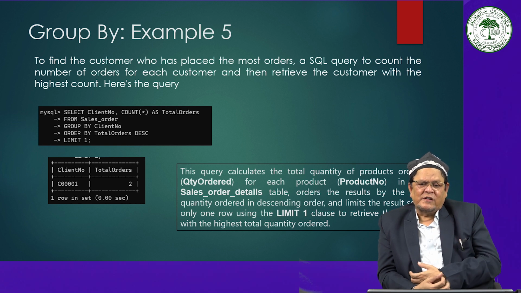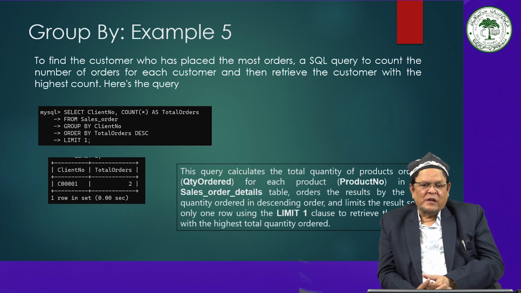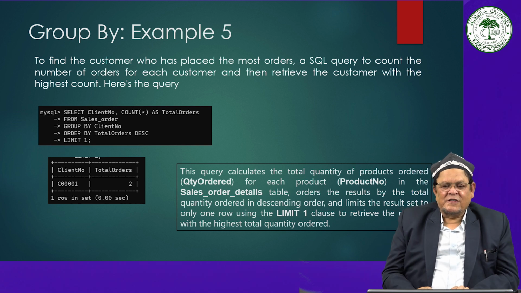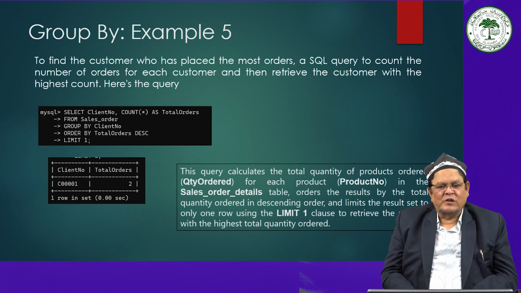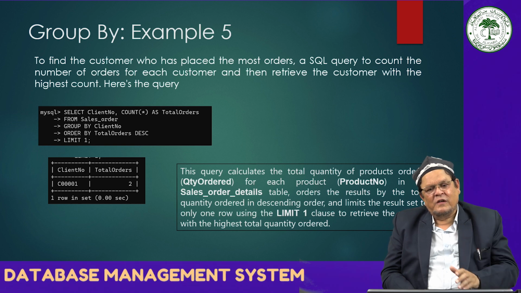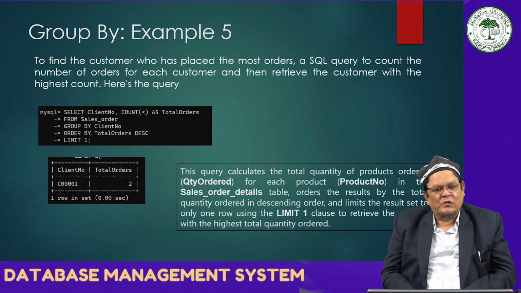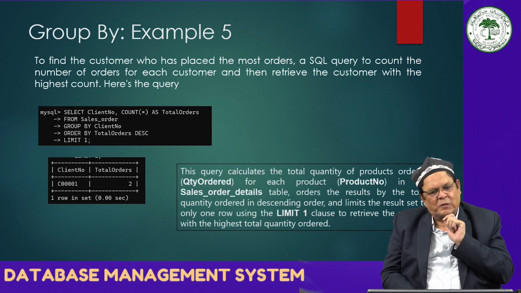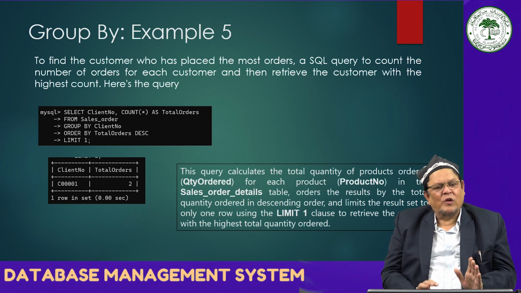So how will it work? This query calculates the total quantity ordered for each product in the sales order details table, and orders the results by the total quantity ordered in descending order. You want the result in descending order, and limit is set to only one row to be displayed. In MySQL, how do you write it?